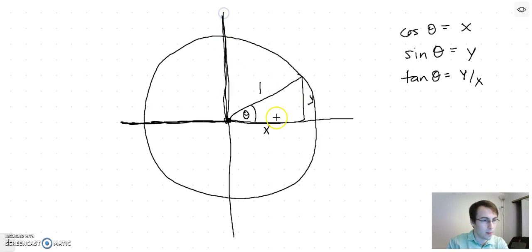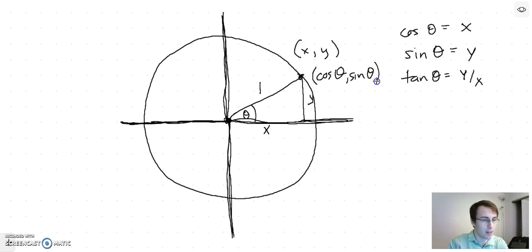And then if you've got a point x, y on the circle, well, that becomes cos theta, sine theta.